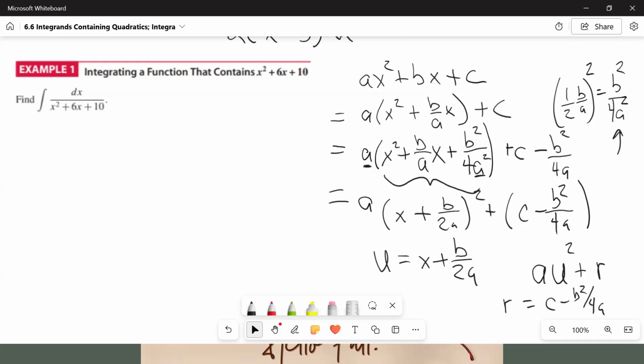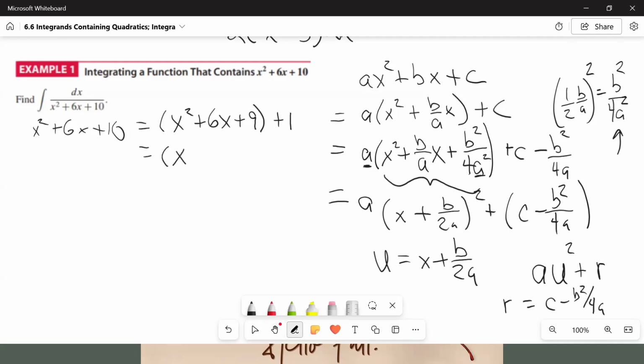So first, the expression x squared plus 6x plus 10 can't really use u substitution the way it is, so I'm going to complete the square on it. So x squared plus 6x plus 10, I'm going to write it as x squared plus 6x plus 9 plus 1. Okay.